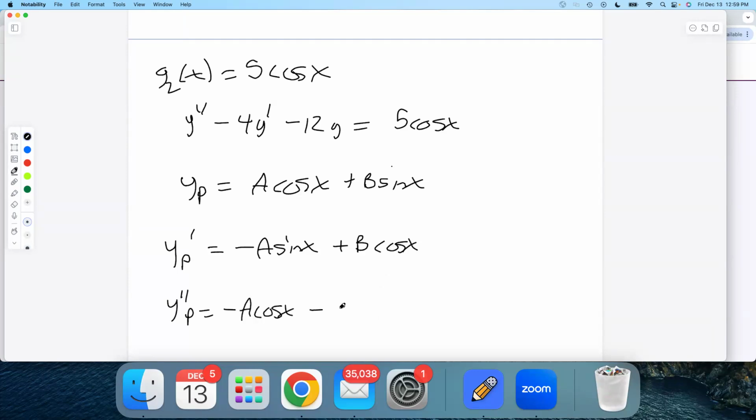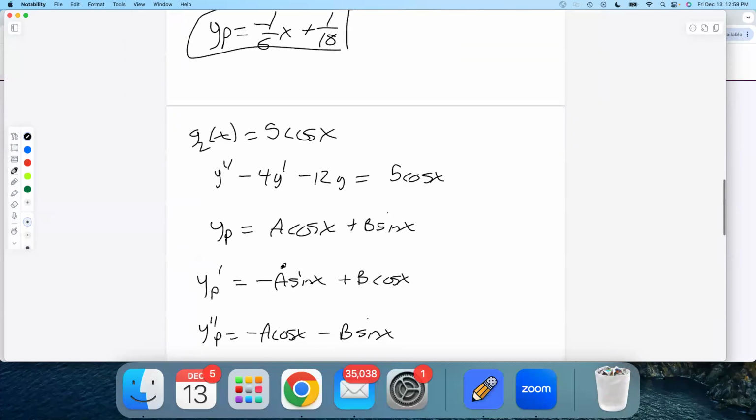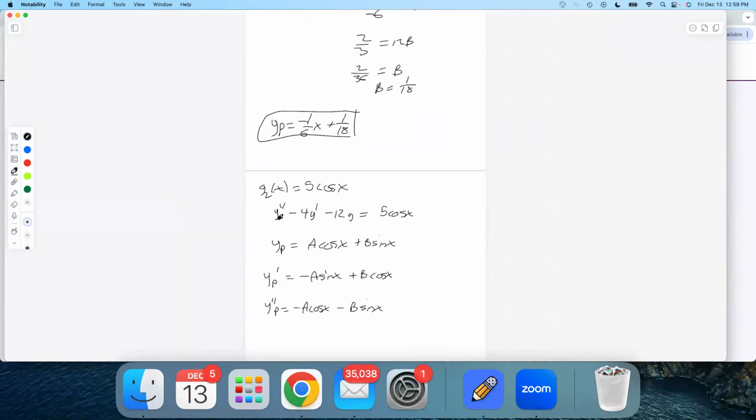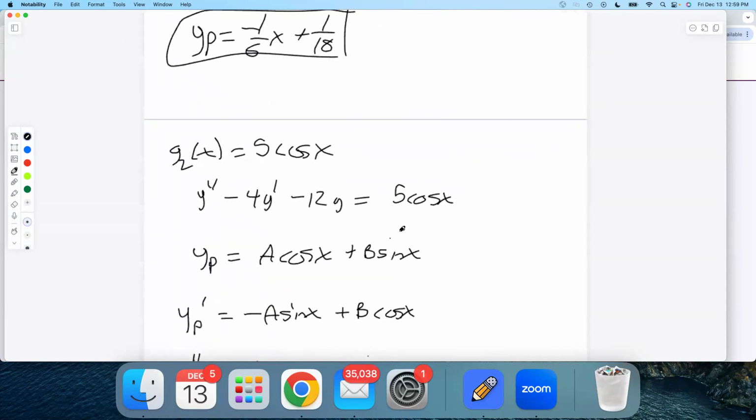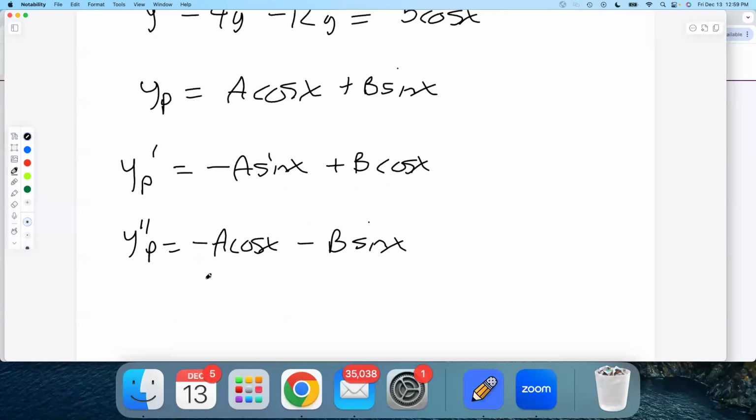Derivative of cosine is negative sine. And I have to plug all three of these back into my DE here: y double prime, y prime. Don't forget your 4 and your 12 there. And then the original. Okay, let's plug all that in.